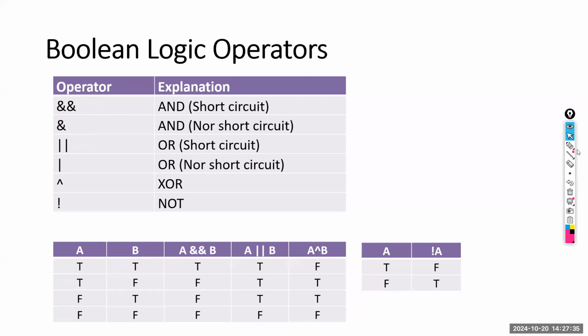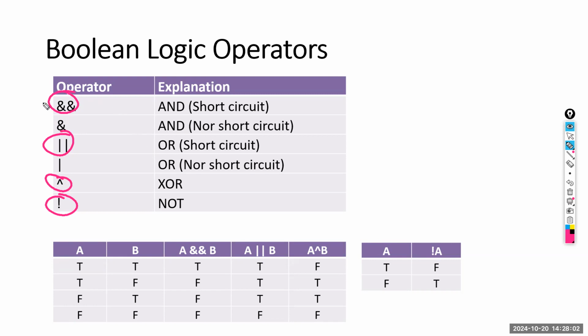Right. So what are the logic operators? The logic operators are the AND operator, OR operator, XOR operator, and NOT operator. Those operators operate on Boolean values, true and false, and the result is also true or false.